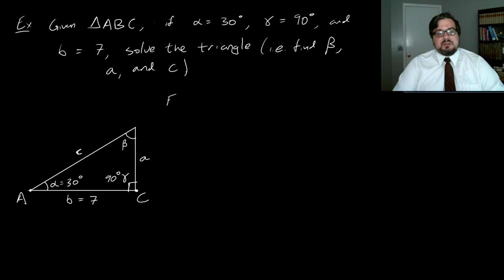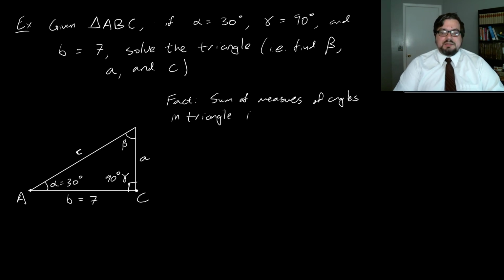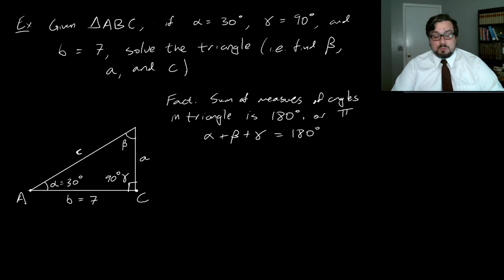And that's using the following fact, that the sum of the measures of the angles in a triangle is 180 degrees. So that means that alpha plus beta plus gamma has to be 180 degrees, or pi radians if we happen to be working with radians.